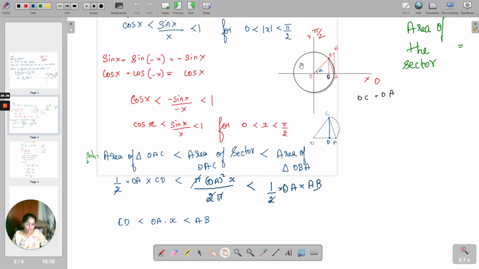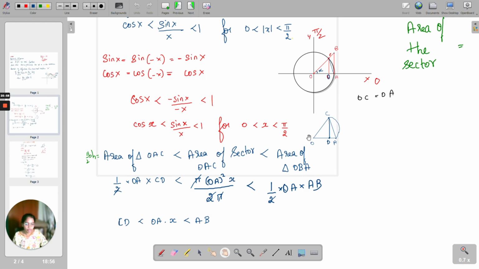From this setup, it is clear that the area of the triangle OAC is less than the area of this sector OAC, which is also less than the triangle OAB.